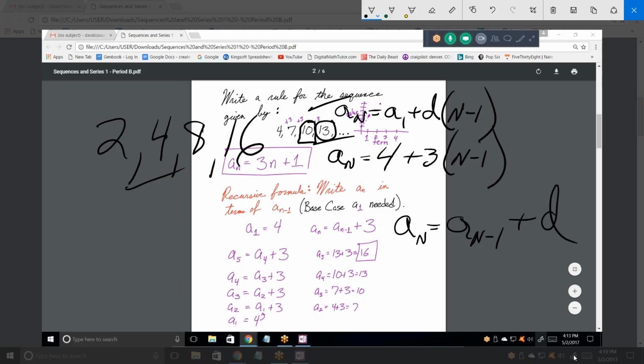That's all you're doing, term to term, adding that common difference. For a geometric sequence, it's the previous term times the common ratio. So those are the two recursive formulas for an arithmetic and a geometric sequence.